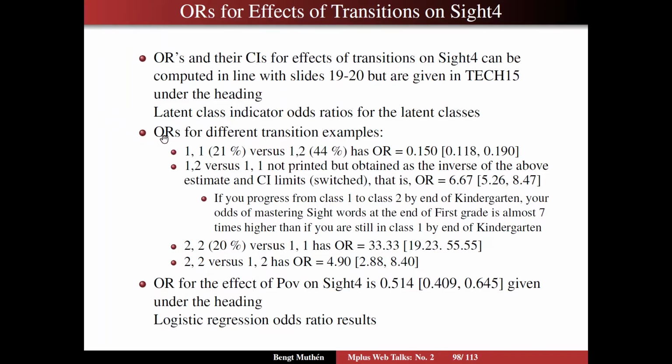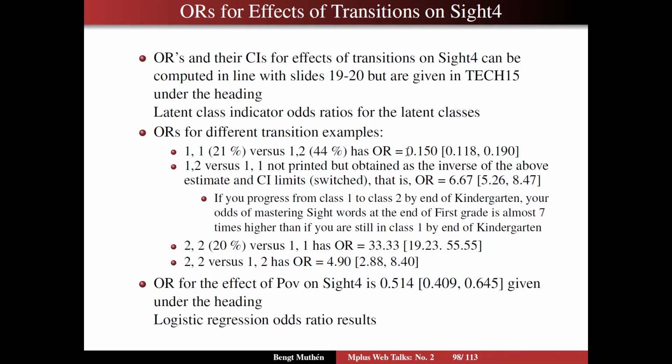Now let's look at the odds ratios for the different transition examples, the 3 that we looked at before. You have 1,1, that is staying in class 1 through kindergarten, 21% were there, versus 1,2, 44% were in that better performing transition. That has odds ratio 0.150, which is significantly less than 1, which makes sense.